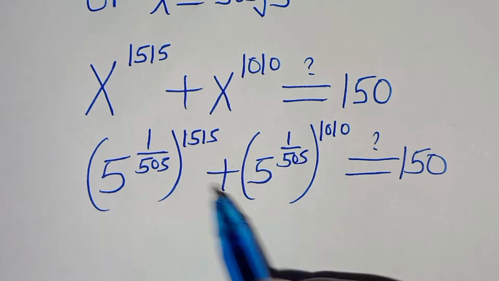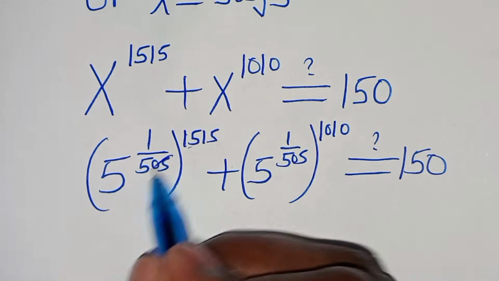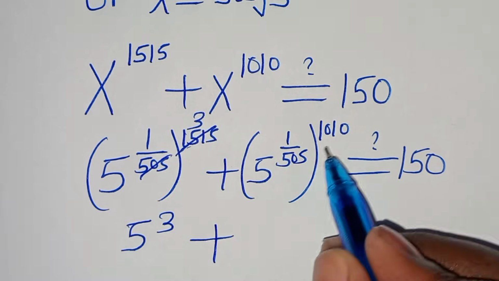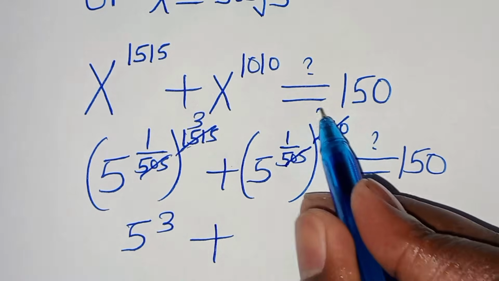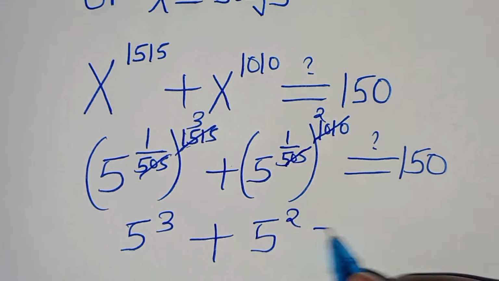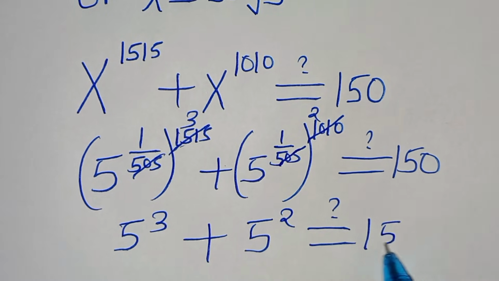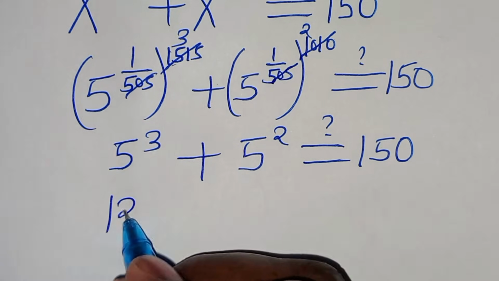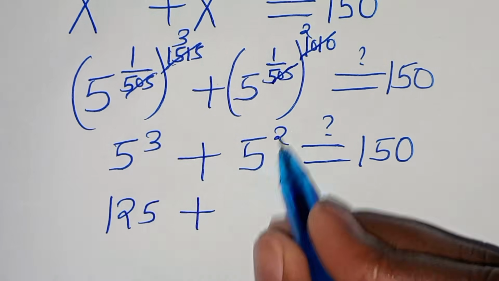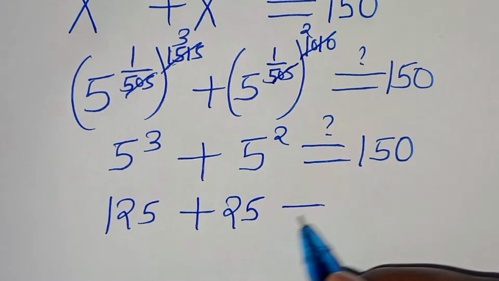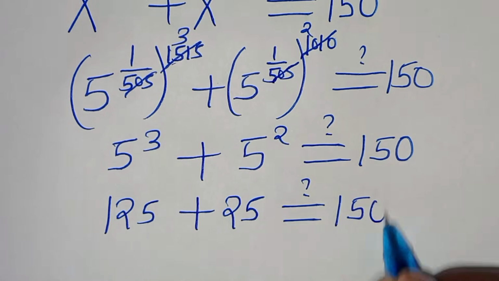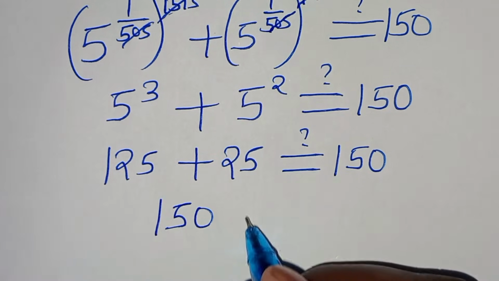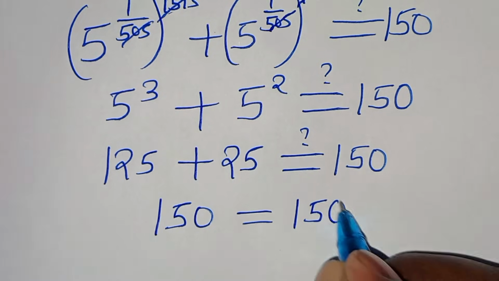Now let's simplify here. 15 divided by 5, this is equal to 3. So this is 5 to the power of 3, then plus 10 divided by 5, this is equal to 2. So we have 5 to the power of 2. This should give us a value of 150. 5 to the power of 3, this is 125, then plus 5 squared, which is 25. 125 plus 25, this is 150, which is equal to 150.